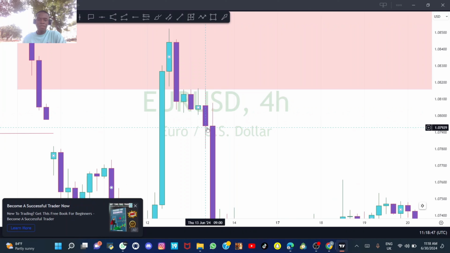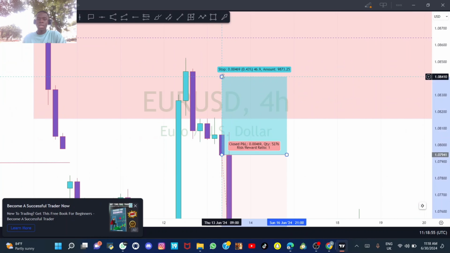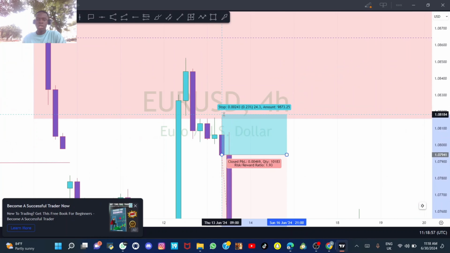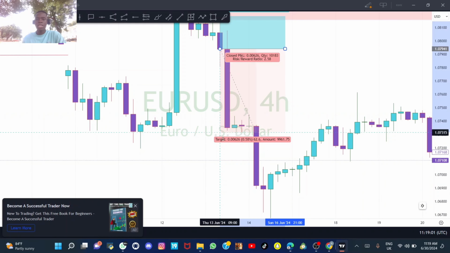My final entry was after this candle closed. I sent the signal around here but didn't take it. At 9 a.m. the next day I entered, with my stop loss slightly above that candle and my initial take profit at 1:3.